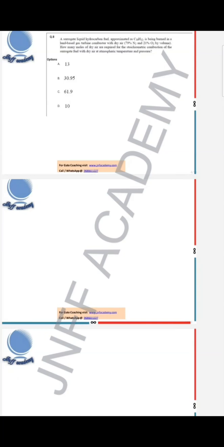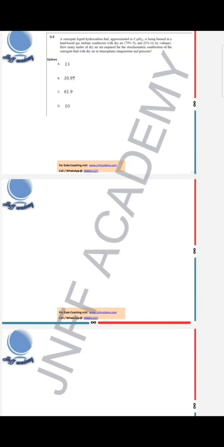This question is from the propulsion part, which says a surrogate liquid hydrocarbon fuel approximated as C10H12 is being burned in the land-based gas turbine combustor with a dry air, that is 79% of nitrogen and 21% of oxygen by volume. How many moles of dry air are required for the stoichiometric combustion of surrogate fuel with a dry air at atmospheric temperature and pressure?